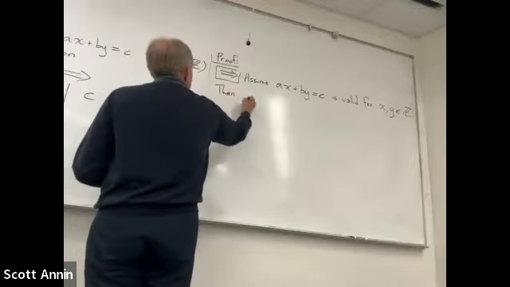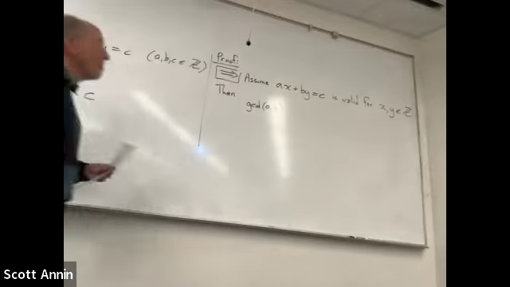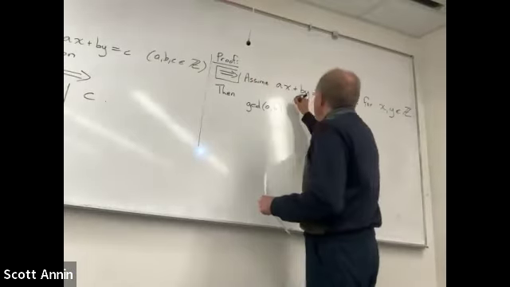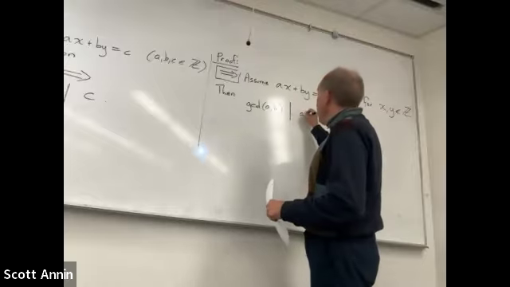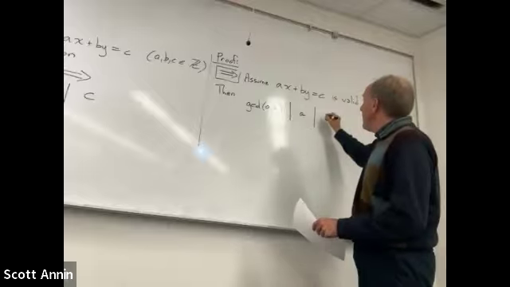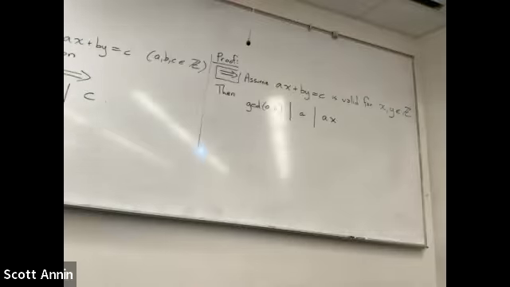So the GCD of A and B, we know that it divides A because the GCD of A and B is a divisor of A. And if it divides A, it would divide any integer multiple of A as well. I don't know if you remember some of my basic properties of divisibility from the videos, right?